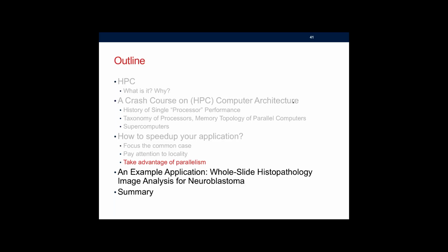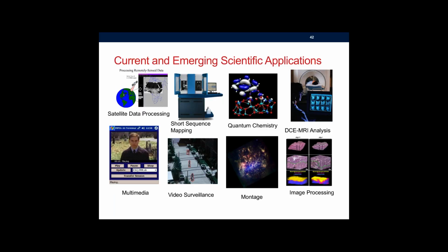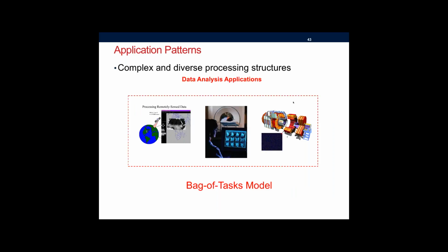And the third and the most difficult one is maybe taking advantage of parallelism. I have different types of applications here, and I have one biological application in all three classes that I will describe. I will broadly categorize the applications into three classes. One of them is what I call the bag of tasks model.